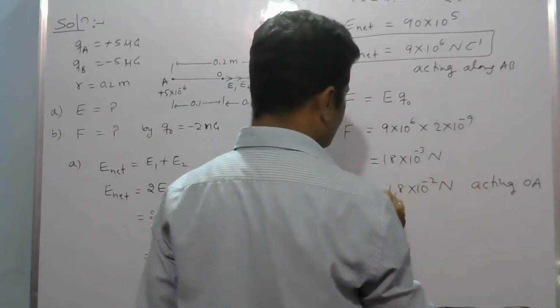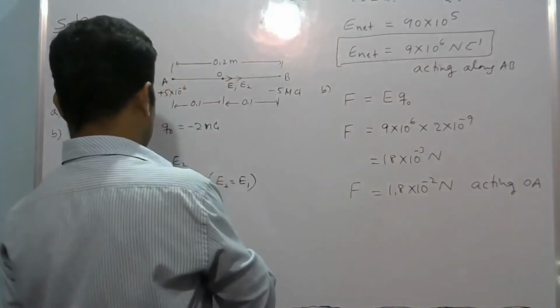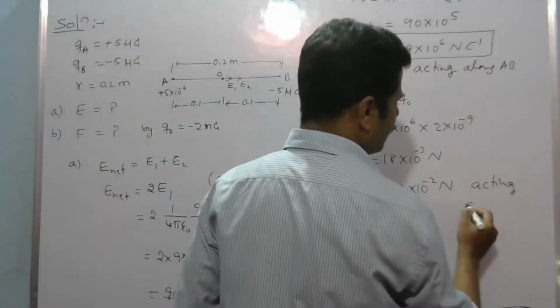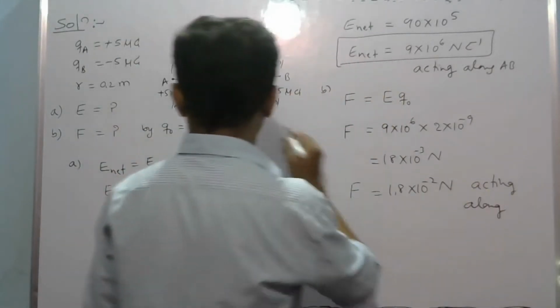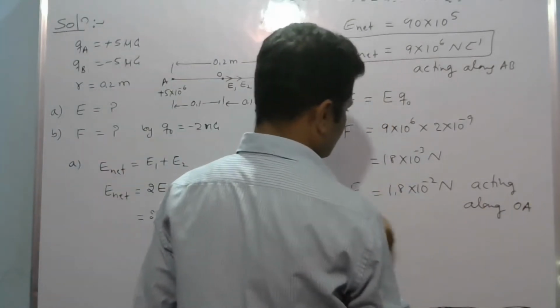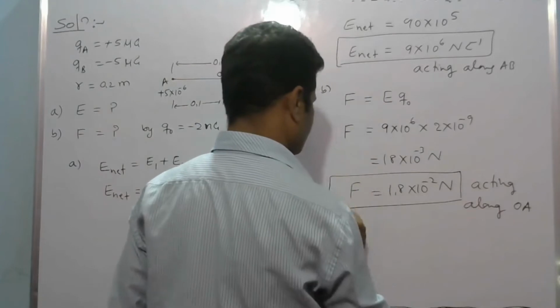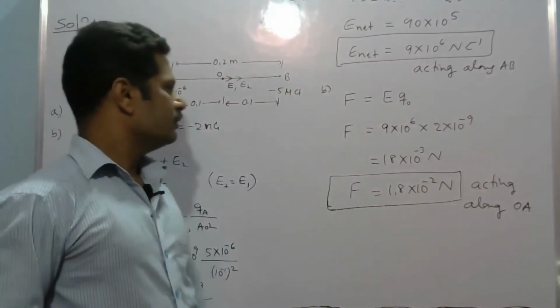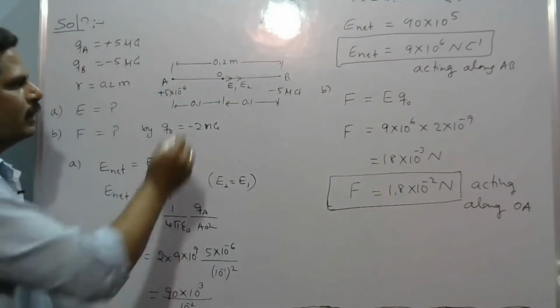And this force, the force on the charge minus 2 nanocoulomb, is acting along OA. This is the force experienced by the charge minus 2 nanocoulomb at O.